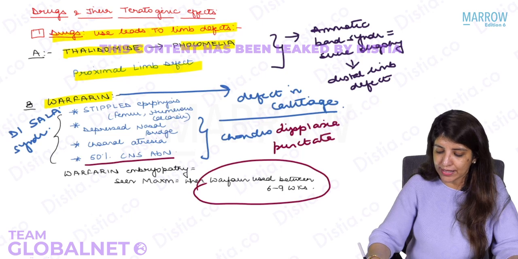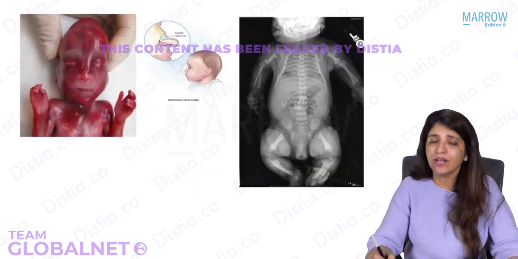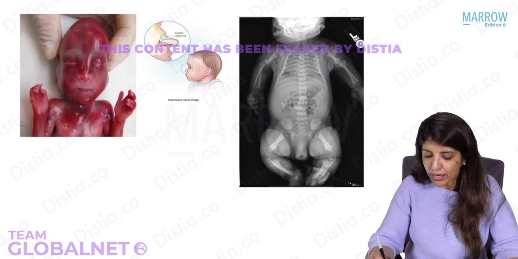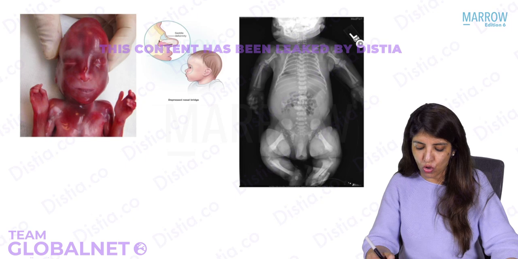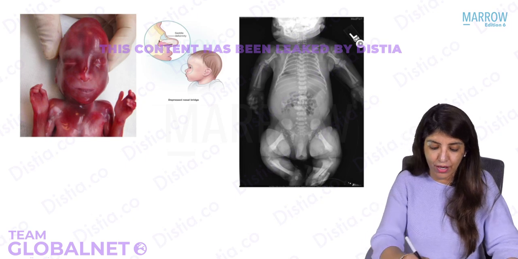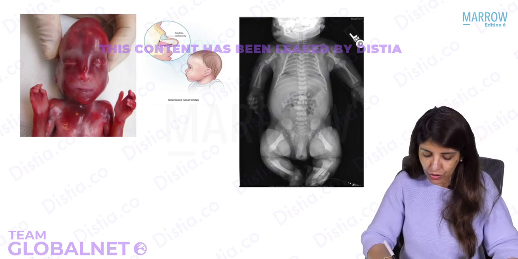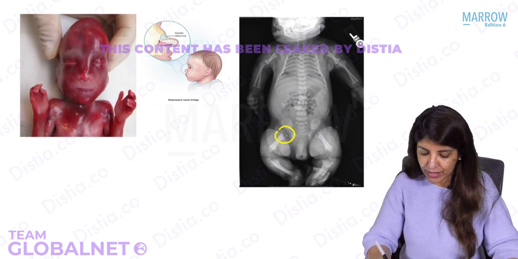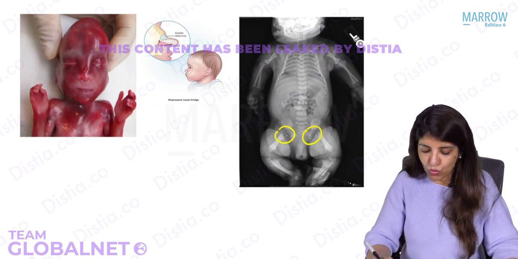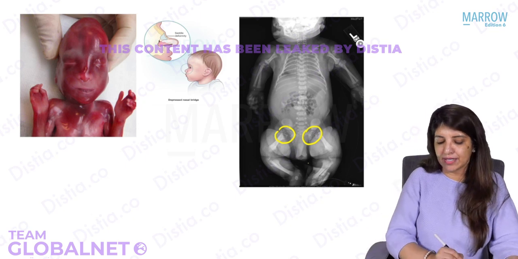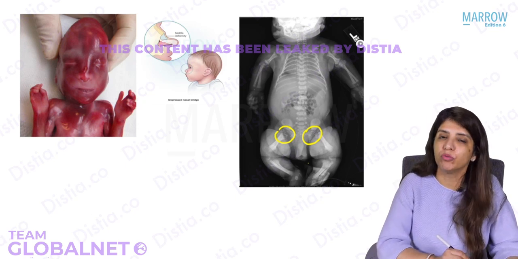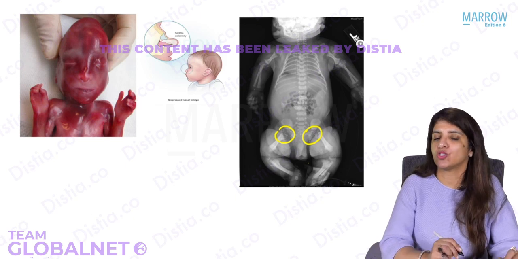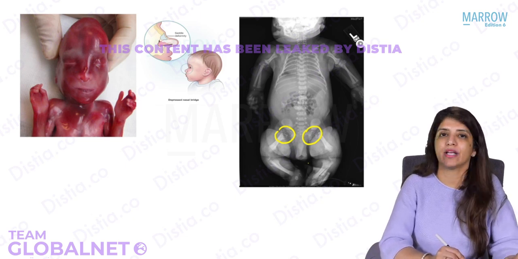So whenever you get an X-ray where they are showing you the limbs, look at the epiphysis. If this image is not very clear to you, but if you look over here, you will see stippled epiphysis in the areas of femur, humerus and calcaneum. So if you are getting stippled epiphysis, then the drug which the mother might have used during pregnancy is warfarin.